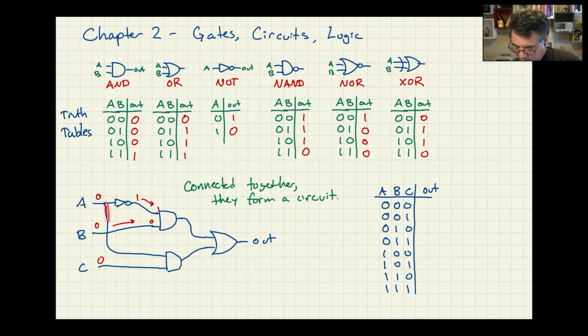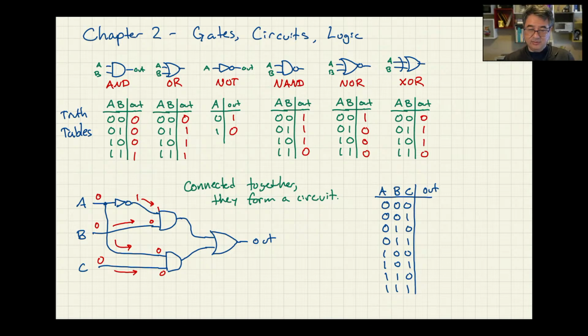This 0 on A also flows down this wire and appears as a 0. And then finally, this 0 on C flows over to that AND gate.